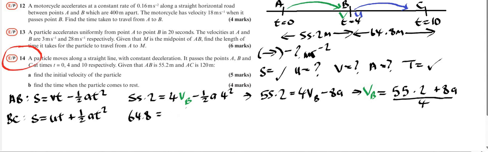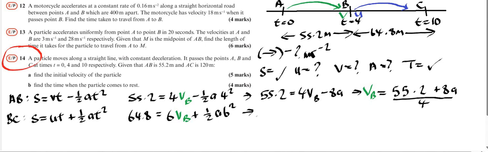That's equal to ut, and the time this time is 6, 10 minus 4. I'm going to use my VB as my initial velocity, and add half a times 6 squared.